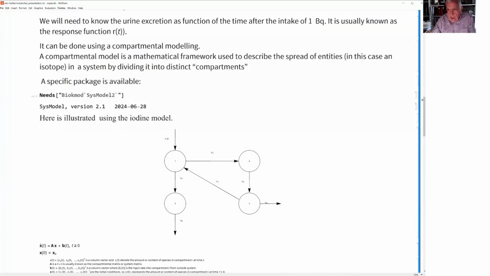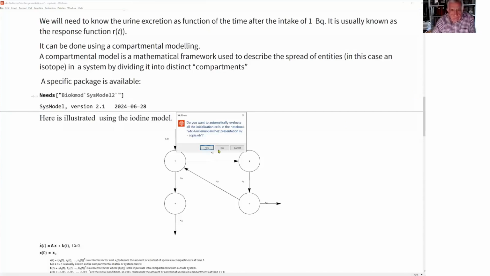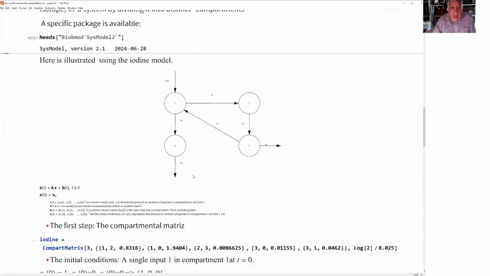I will load the package. I will illustrate with an easy example. This is the iodine model, an easy iodine model. I will describe how the model is. This represents the thyroid, but it is not important. The more important thing is that in this model, the isotope is introduced into the system through compartment 1.